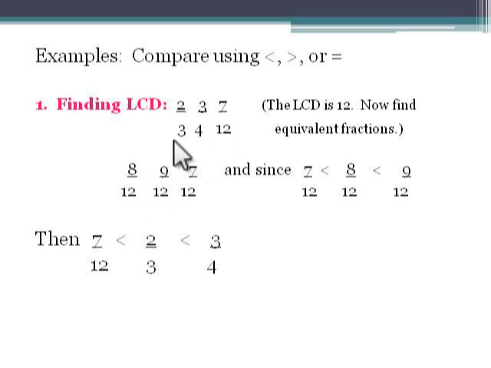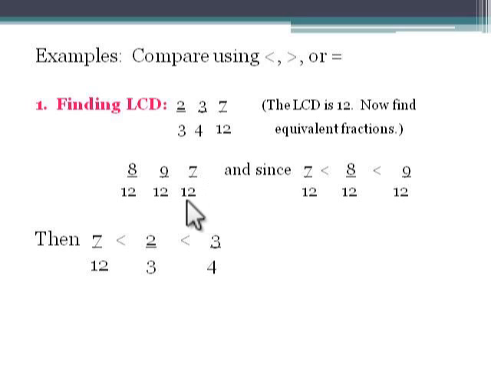So 2/3 in 12ths, since 3 times 4 would give you 12, we need to do 2 times 4 to give me an equivalent, and we would get 8. 4 times 3 is 12, so 3 times 3 is 9. That's my equivalent. And this one already has 12 as a denominator, so I don't need to change it.